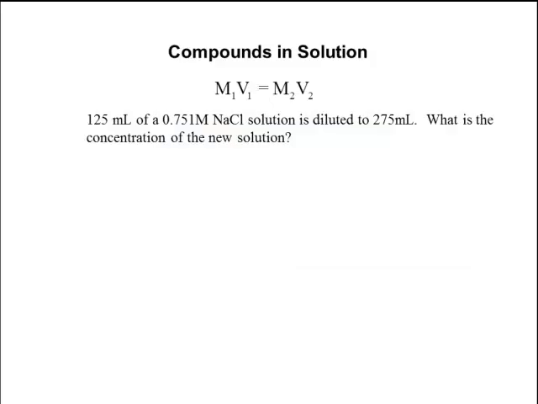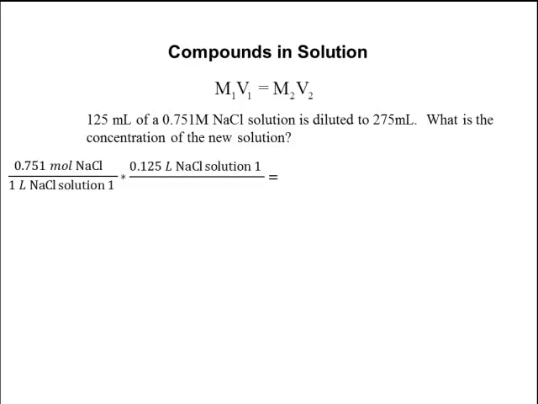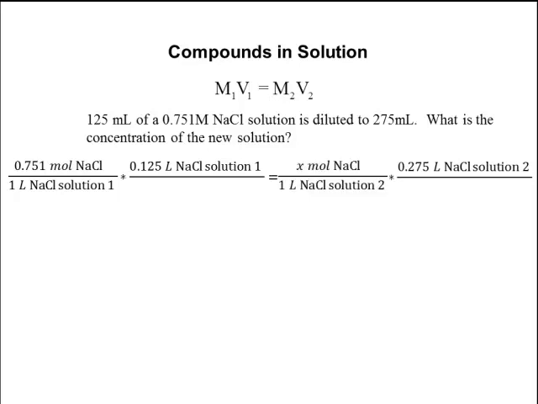All right, let's look at another example of this. So if I take 125 milliliters of a 0.751 molar sodium chloride solution, and I add enough water to get that to 275 milliliters total, what's the concentration of the new solution? So I have 0.751 moles of NaCl over 1 liter of the NaCl solution 1 times its volume in liters, and that's going to be equal to the volume in liters of solution 2, my dilute solution, times the molarity of solution 2.